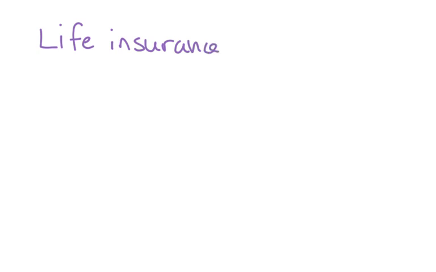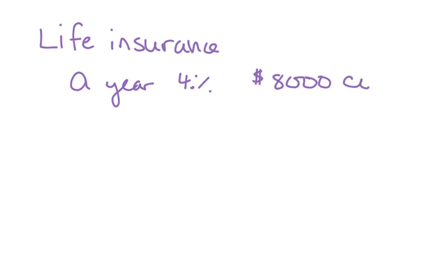So let's say in the next year, the probability of a person getting in a car accident is, we'll say, 4%, which on average will cost the car insurance company $8,000, based on the car or whatever.